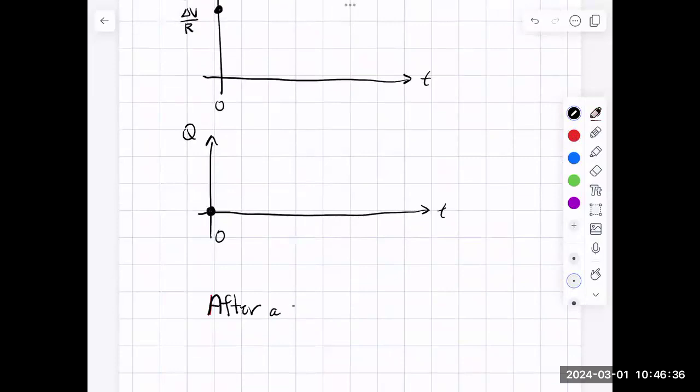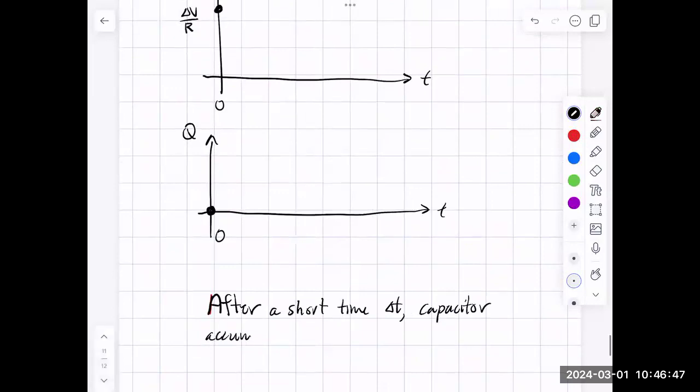So after a short time, delta t, our capacitor accumulates some charge. And so the amount of charge that it would accumulate is just the current times delta t. So whatever the current happened to be, times however long we waited, that's how much charge gets deposited on our capacitor.